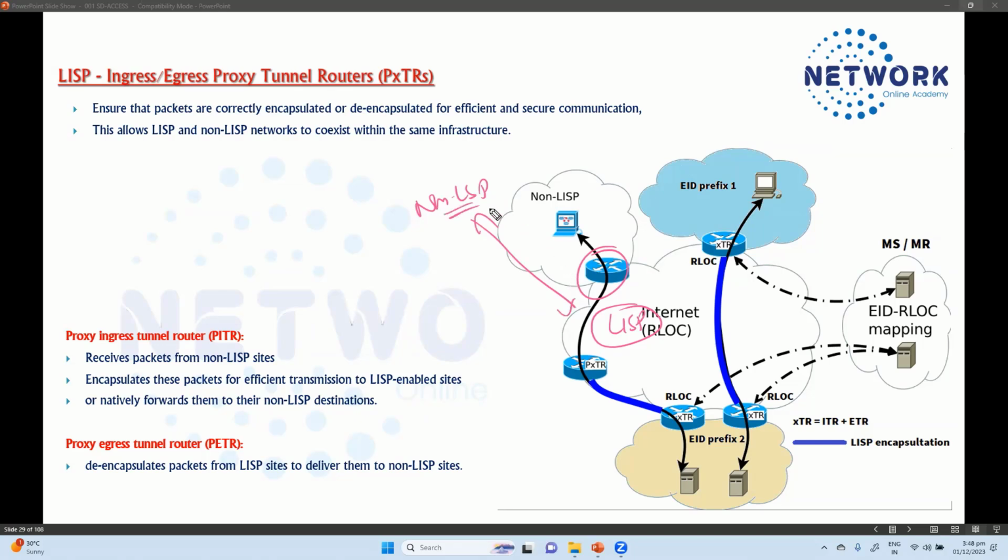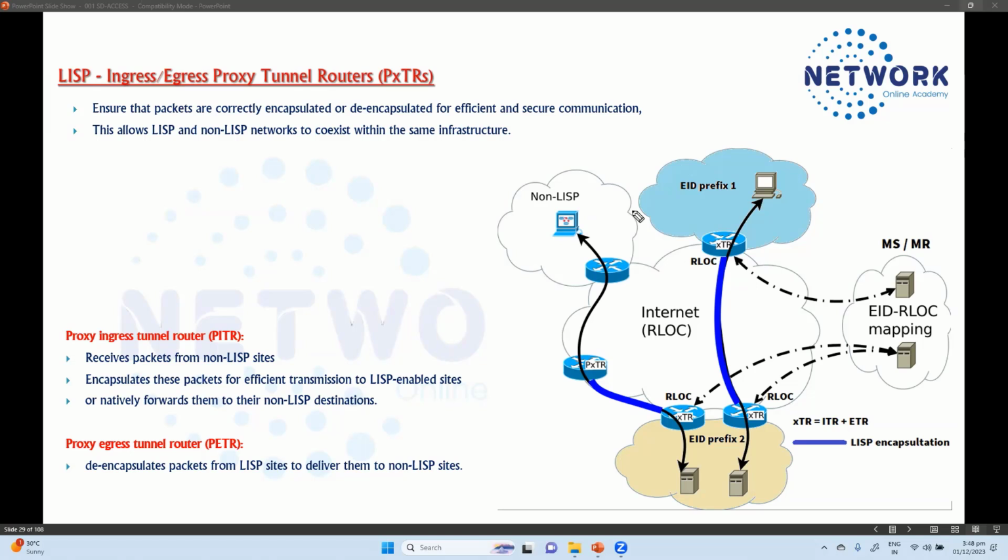When the traffic is going from LISP to non-LISP, we call it the egress, where decapsulation happens. When the traffic is coming from non-LISP to LISP, it encapsulates the packet, which is the ingress. So this is a typical example.